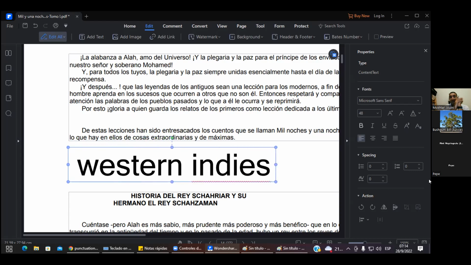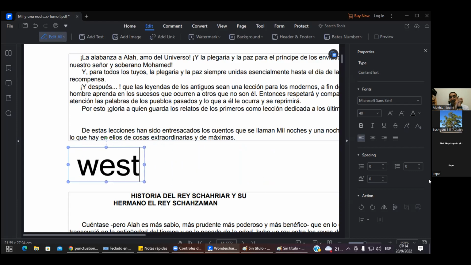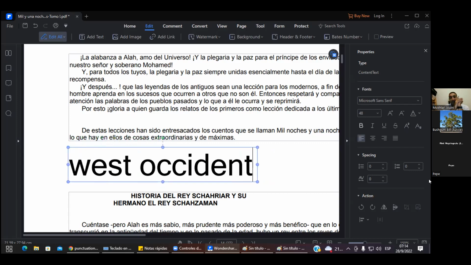And what's that in Spanish? Sí, Indias Occidentales. Well, we're going to see this later. West is Occidental. Occident is Occidente.